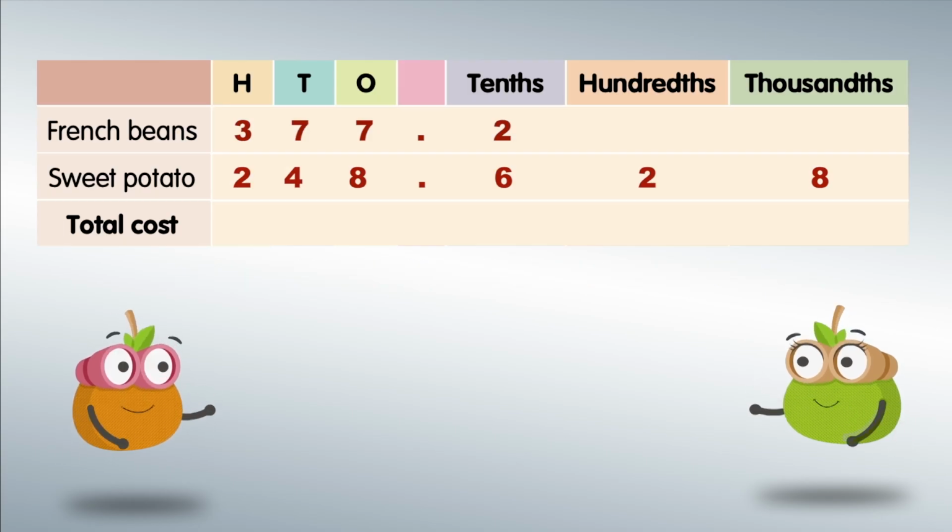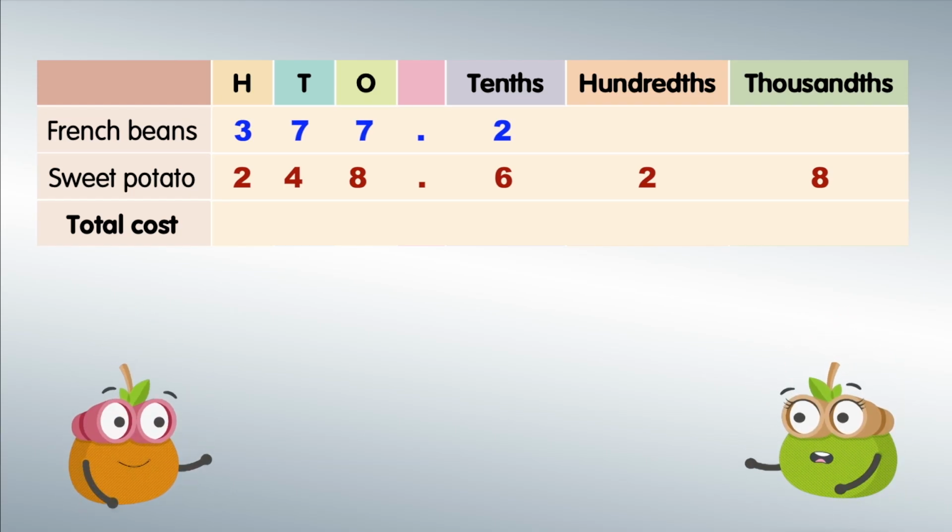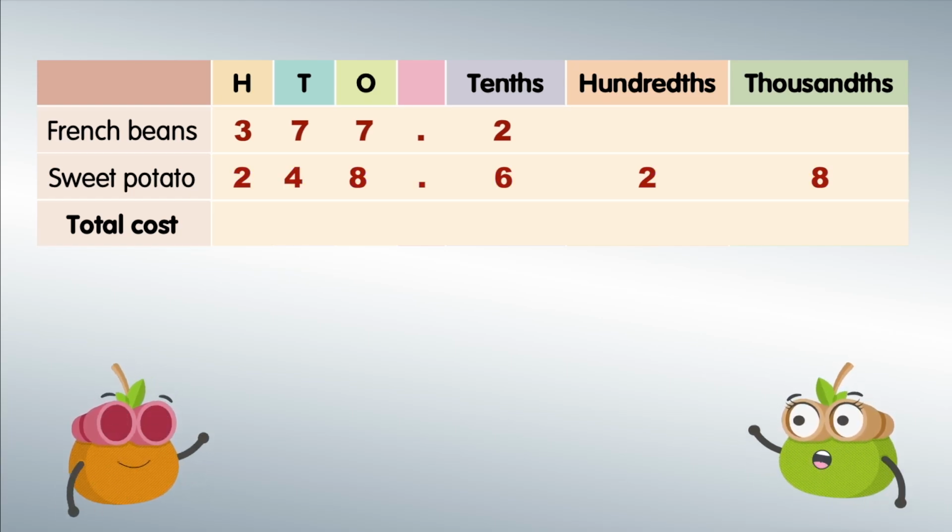To find the total value of sweet potatoes and French beans, we will arrange the cost of French beans at Rs 377.2 and the cost of sweet potatoes at Rs 248.628 with the digits separated according to their place values and add them.